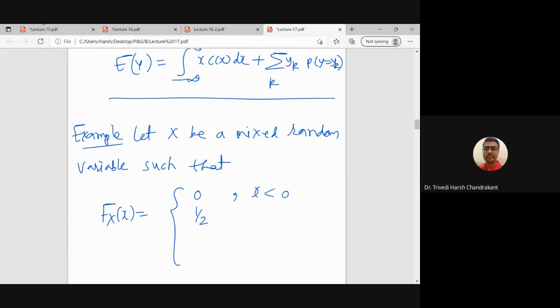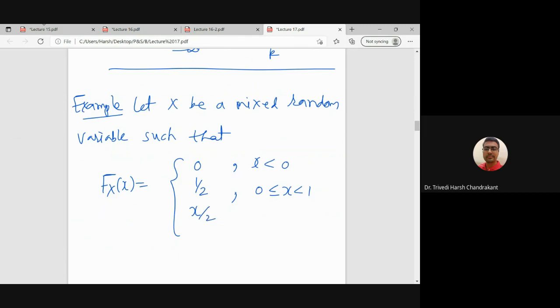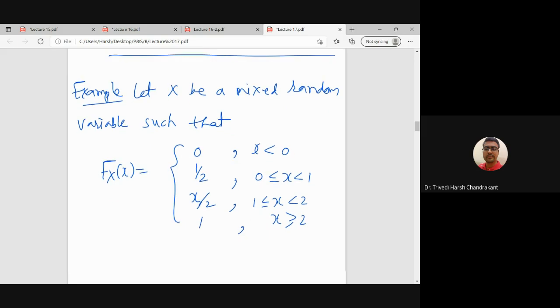Its value is half whenever we have 0 less than or equal to x less than 1. Its value is x by 2 over the interval 1 to 2, and for x greater than or equal to 2, we know the last value of the CDF is 1, right? It starts from 0, it goes up to 1.